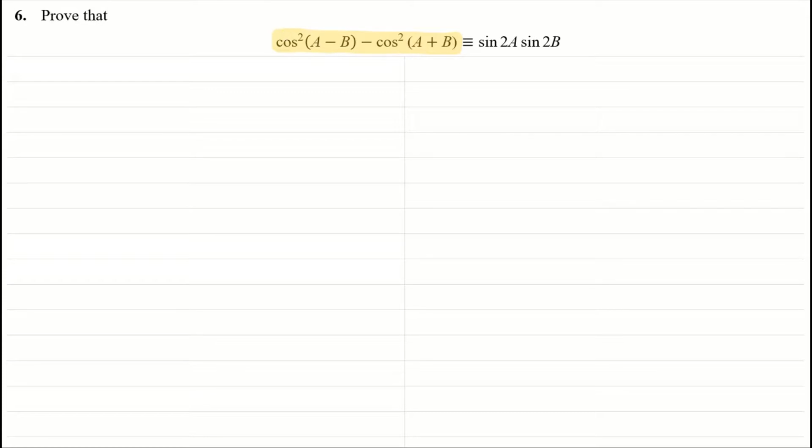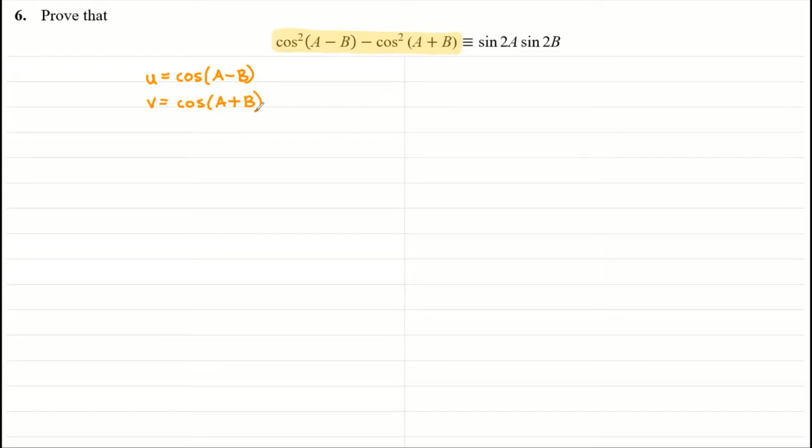So if I use that same format just to go over it again, if we said, for example, let u equal the cosine of a subtract b, and v would be the cosine of a plus b, then we can see on the left-hand side, we have u squared subtract v squared.